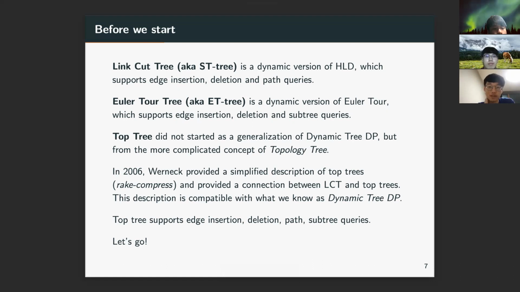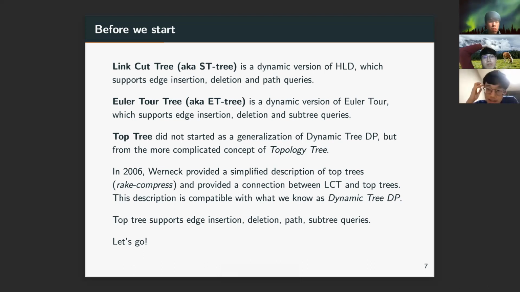I don't think top tree started as a generalization of the modification of HLD, but came from the more complicated concept of the topology tree. The topology tree stems back to the 1980s, so it's an old data structure. It may predate the link-cut tree.